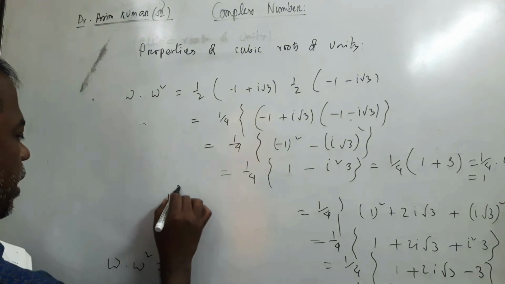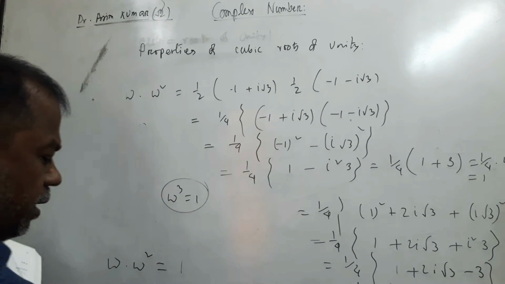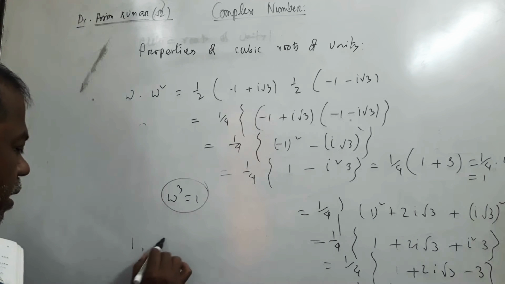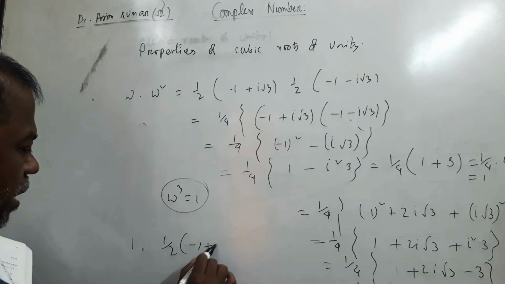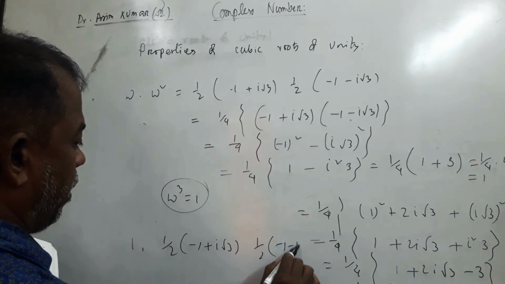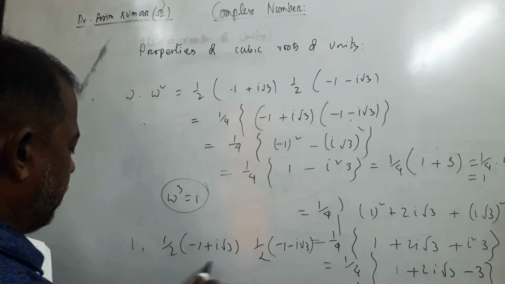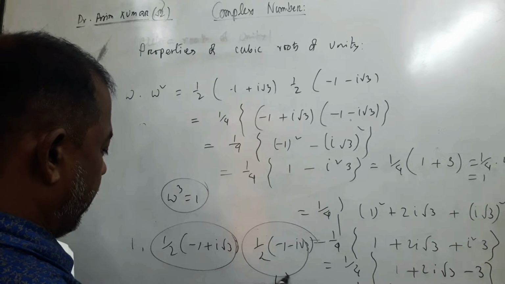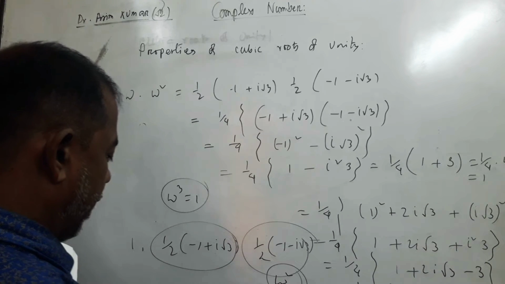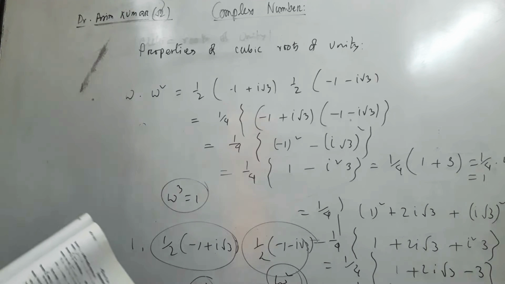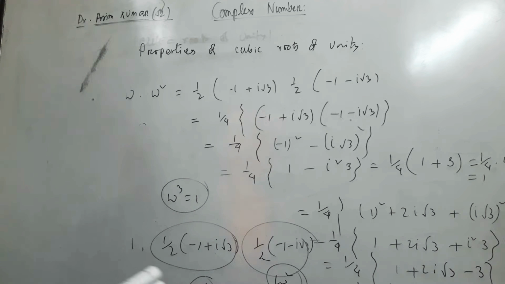That means omega cube equals 1. So 1, half into minus 1 plus i root 3 and half into minus 1 minus i root 3 are 1, omega and omega square. You have to be clear that omega cube is equal to 1.